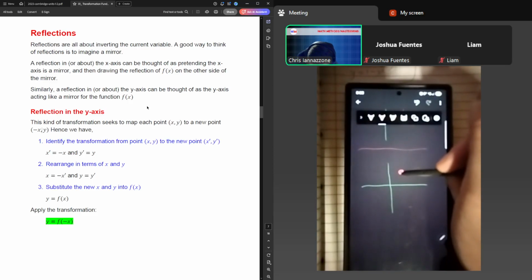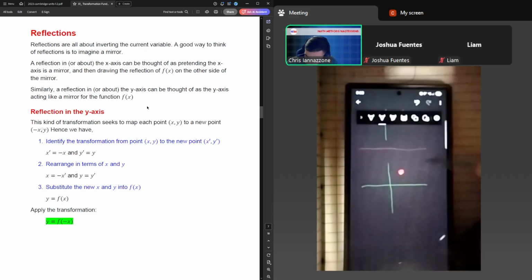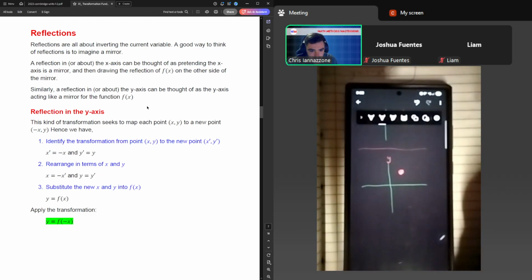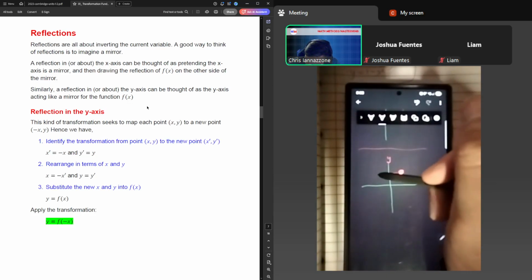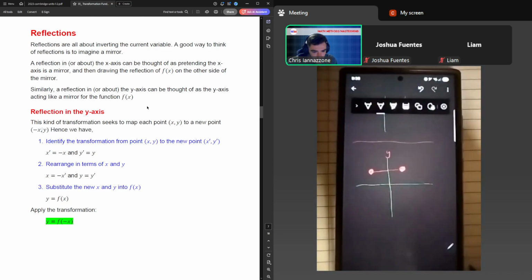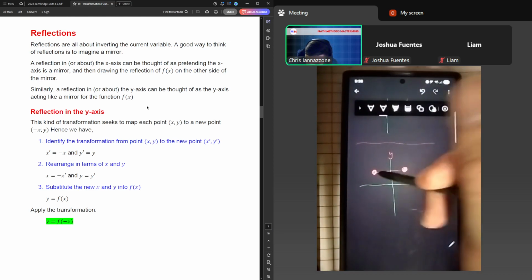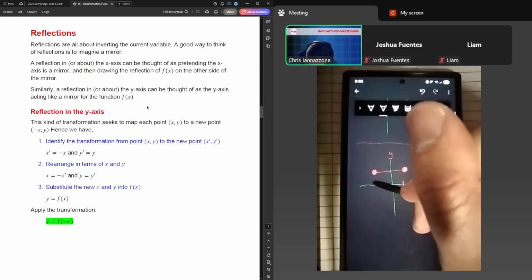So, random point. If we're reflecting in the y-axis, it means that the y-axis acts like a mirror. And so if you imagine how a mirror would work, the image of it would be reflected on the other side of the mirror. And so when you consider what's going on here, pretend that's actually horizontal, you'll notice the x values have changed.